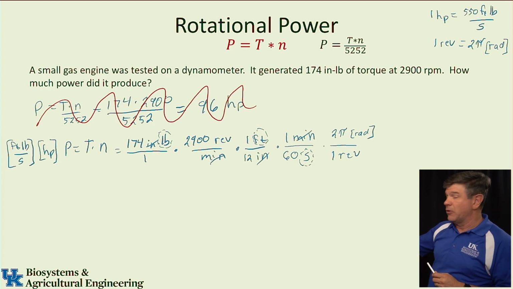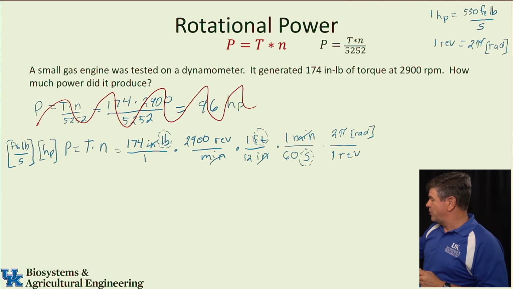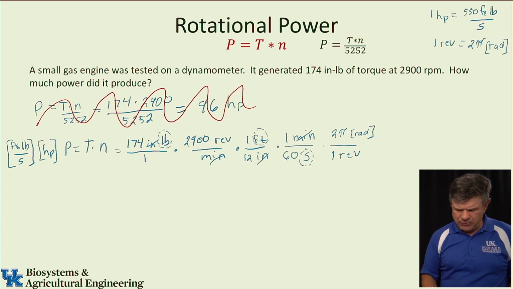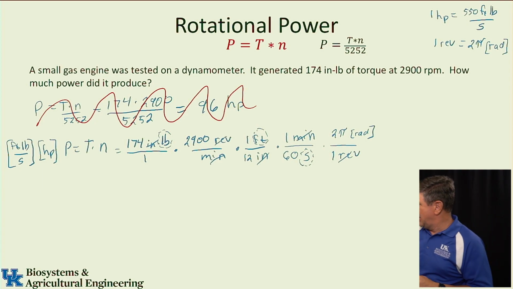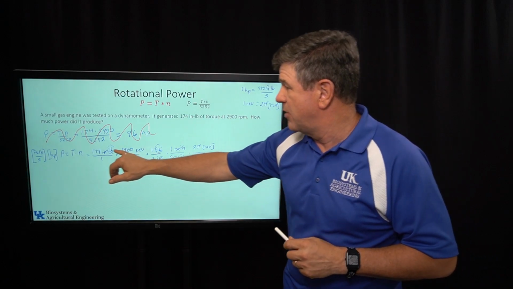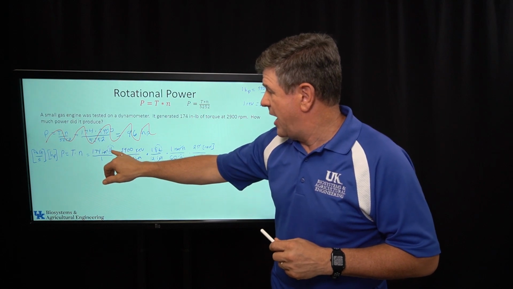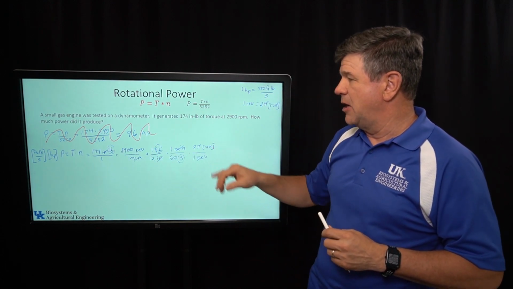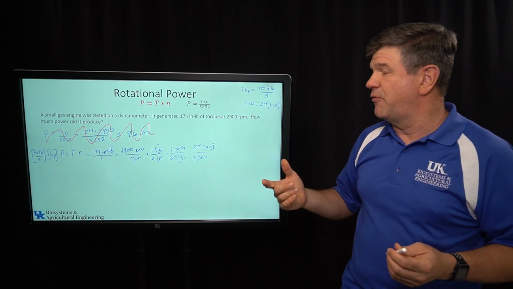Most of the time, I won't even write radians in there. So that'll just be 2 pi per revolution. What does that do for me now? Revolutions cancel. And sweet, what am I left with? I'm left with the pounds up here, foot, and seconds. Everything else is gone. We'll ignore the radians. Okay, so there's my foot-pounds per second.